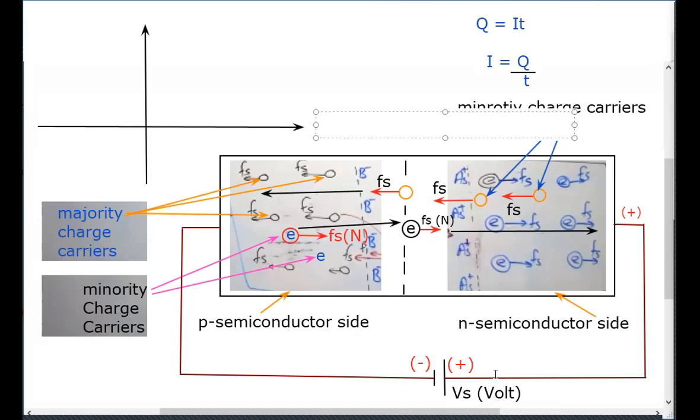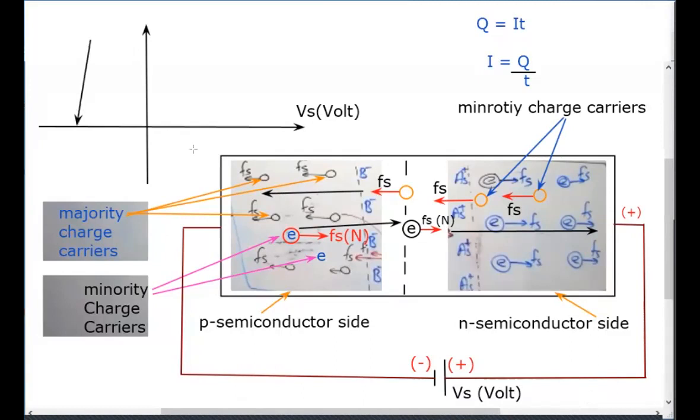Now we have changed the direction of the supply voltage. So if I take the earlier direction as positive, the new direction should be negative. That's one of the points you should remember. So as the supply voltage is negative now, we should draw the graph on the negative side of the voltage.